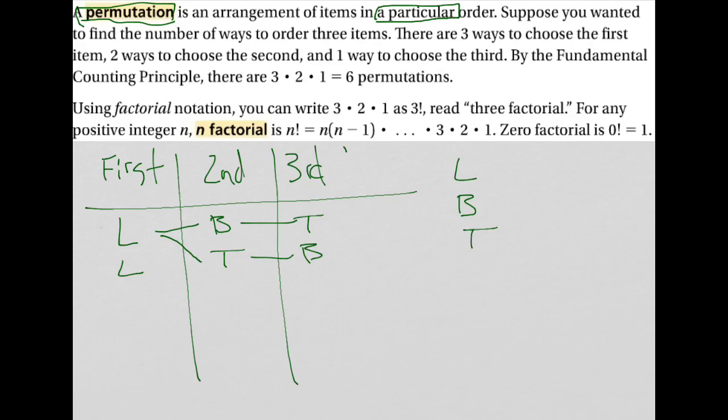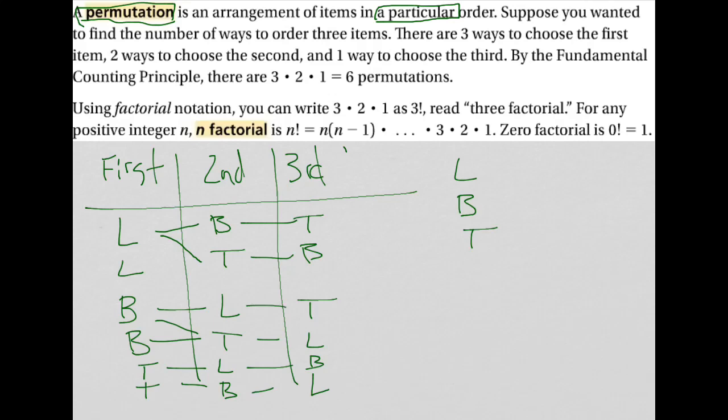So we've got 3 options for the first one, because we could have gone Bob got first, and then maybe Lenny got second, and Tim got third. Or Bob got first, and Tim got second, and Lenny got third. I'll draw it like that. Or maybe Tim got first, and then we're going to have Lenny and Bob in that fashion. Again, it's the same idea.